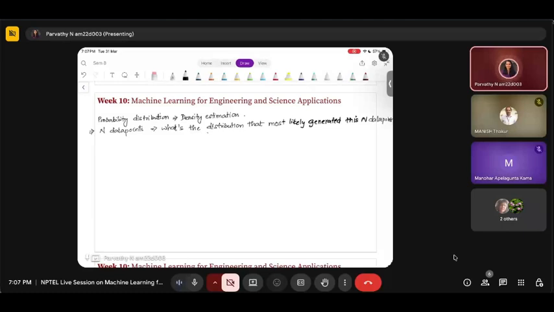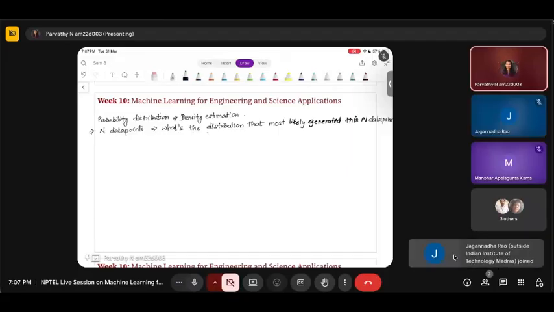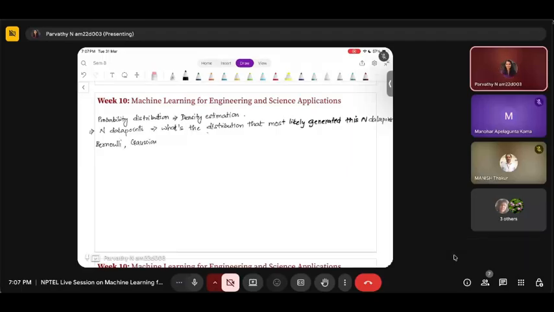So there are so many distributions. For example, in the lecture, the professor talks about Bernoulli and also Gaussian. The reason these two are considered is because they have fewer parameters.